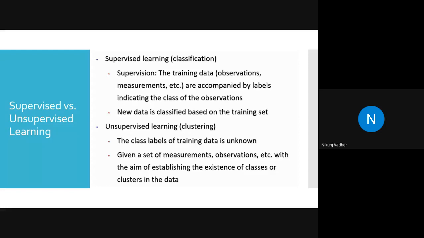So in supervised learning you will have a label, and in unsupervised learning we don't know the label. Let me give you an example of unsupervised learning. Let's say you are visiting a close relative's newly acquired house for the first time.